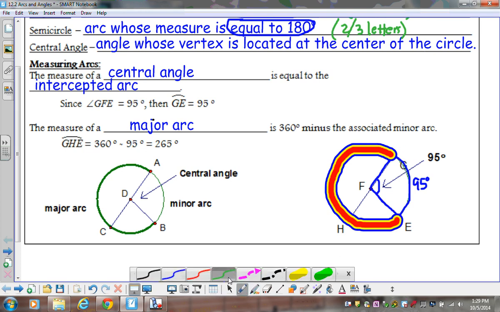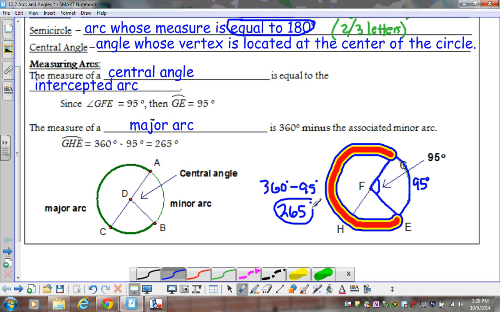It would be 360 degrees minus my 95 degrees. If I know my whole circle is 360 degrees and this piece is 95, that means this major arc is going to be whatever's left. So in this case, 360 minus 95 degrees is going to give me 265 degrees.